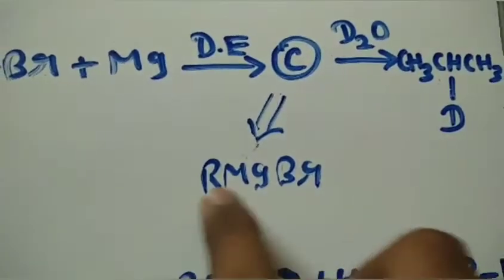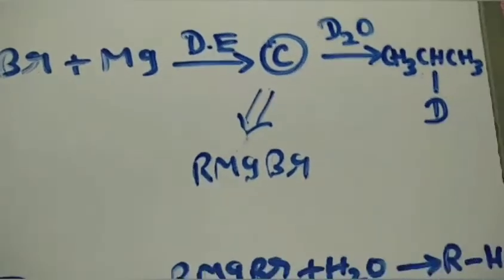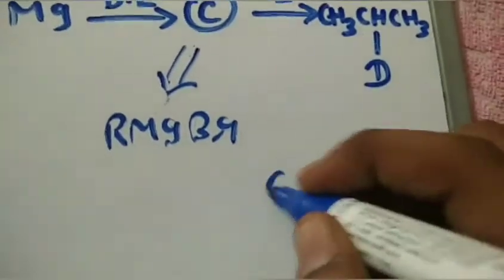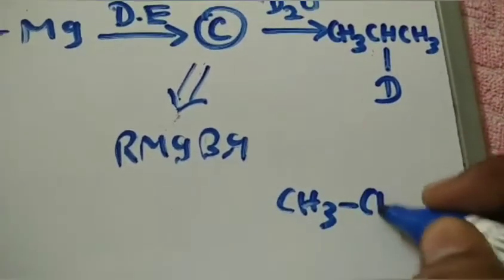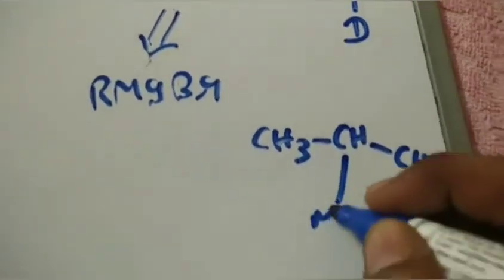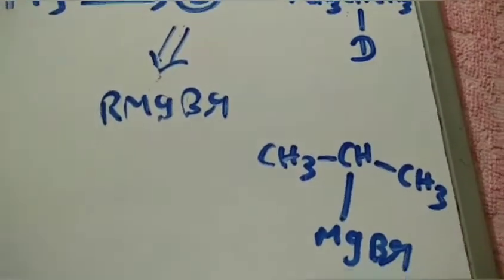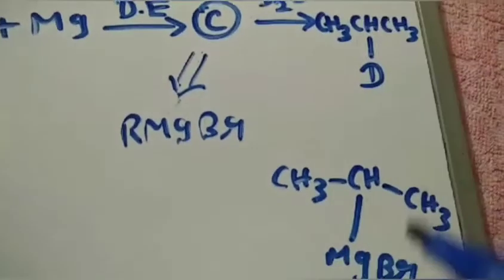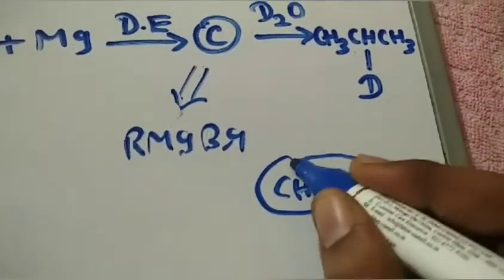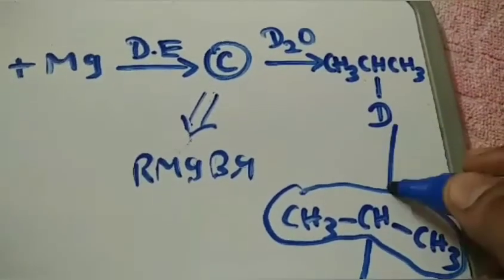D is attaching with this R, correct? So simple. What must R be? Guess. R must be CH3. Here it will be CH3MgBr, correct? Then only when D2O reacts, this R part will attach with this D, giving this product.